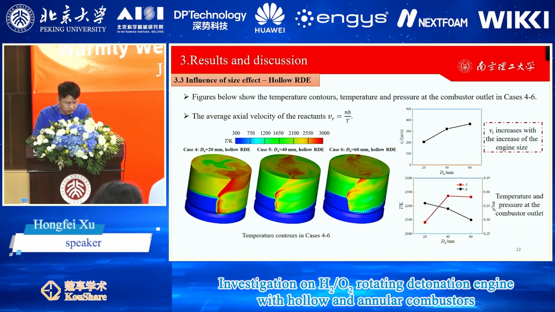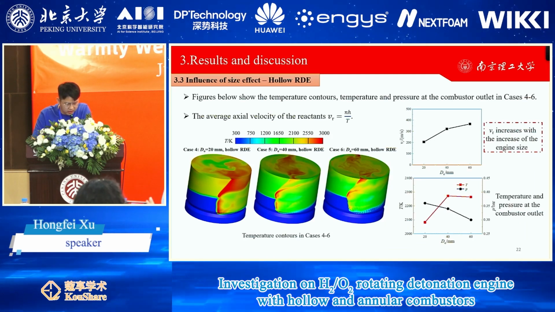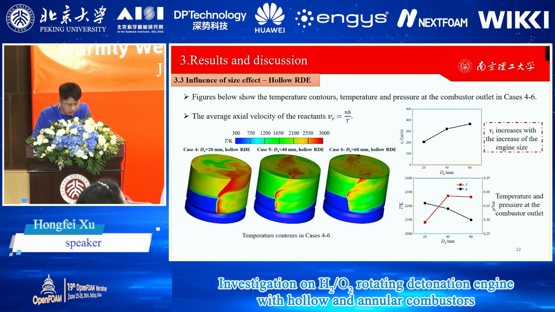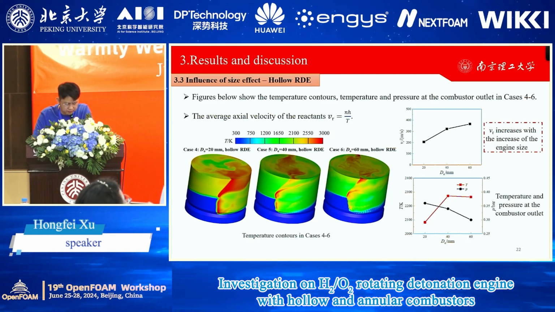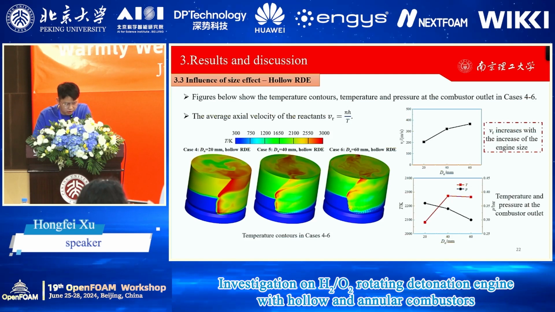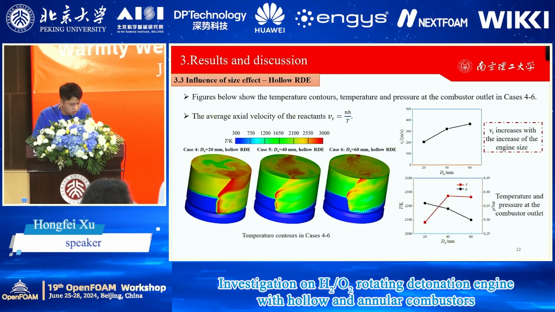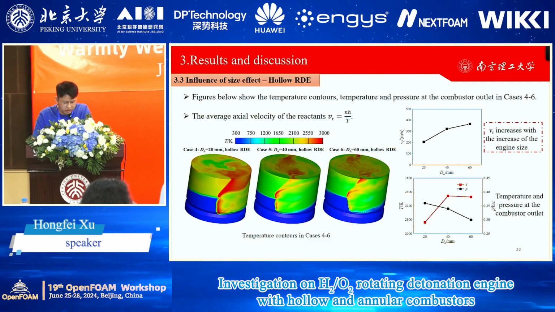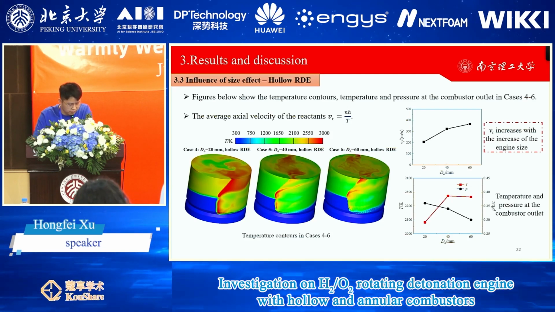As shown in the figures, the average axial velocity of the reactant increases with the increase of the angle size. Compared with case 4, the outlet temperature is higher in case 5 and case 6, and the difference in propagation mode is the main reason.